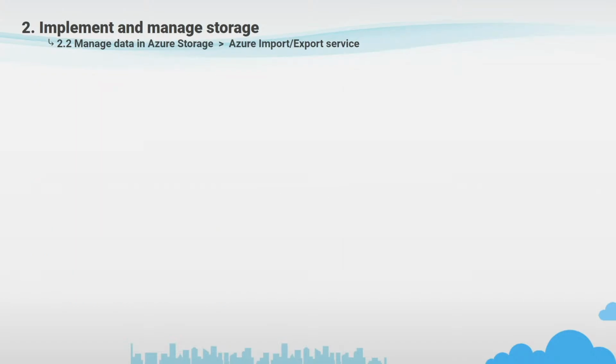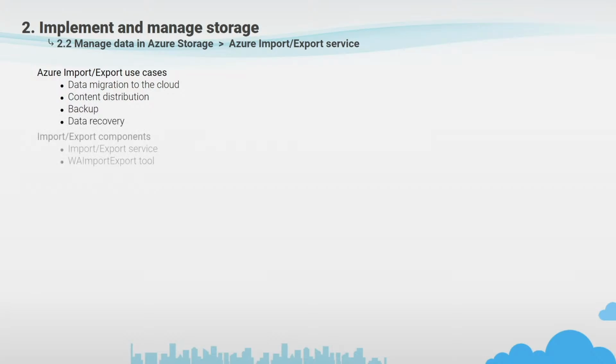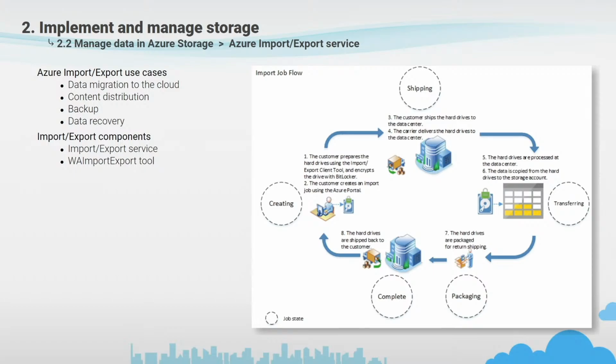Well, cloud services continue to grow steadily, and some big companies have this challenge to migrate from on-premise infrastructure to the cloud, and the challenges are reflected by the amount of data that needs to be transferred. Azure has a solution for this challenge: the Import-Export service, that is used to securely import large amounts of data to Azure Blob Storage and Azure files by shipping disk drives to an Azure data center.